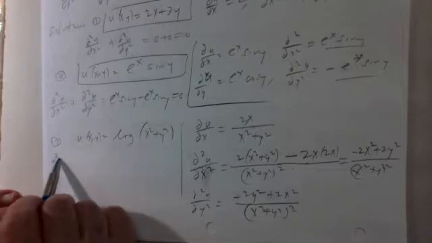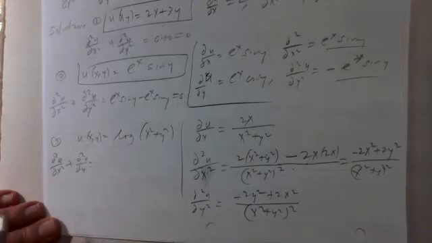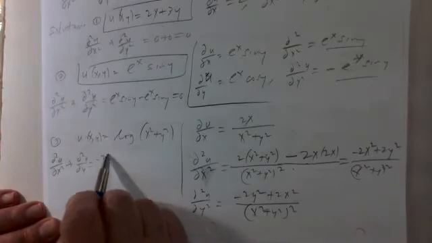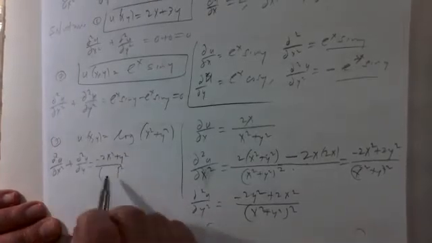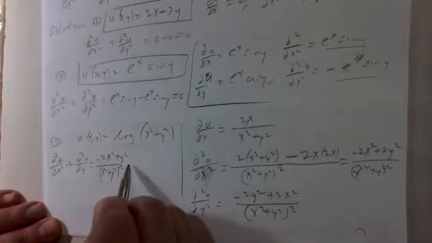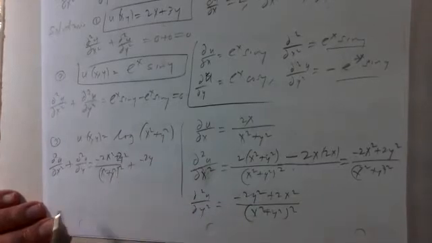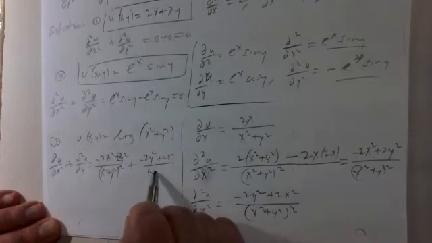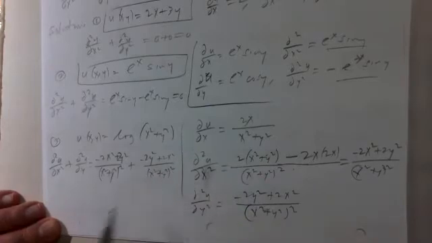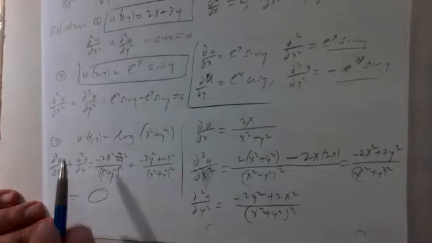So the second partial of u with respect to x plus the second partial of u with respect to y, when you add this and this, minus 2x squared plus 2y squared over this denominator plus minus 2y squared plus 2x squared over the same denominator, you get 0 again.